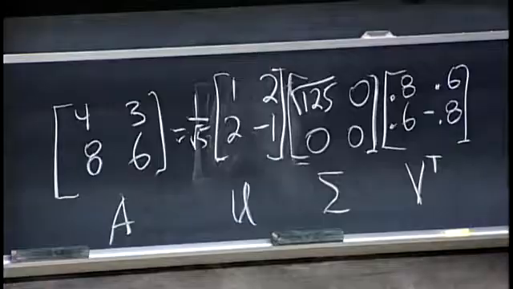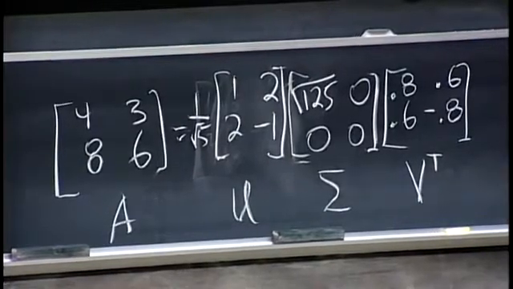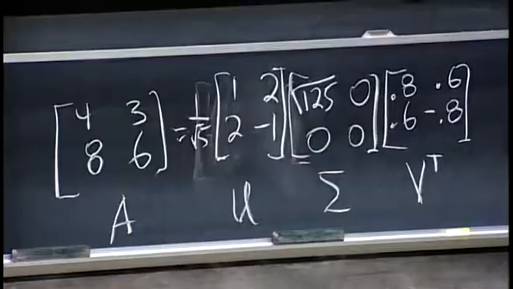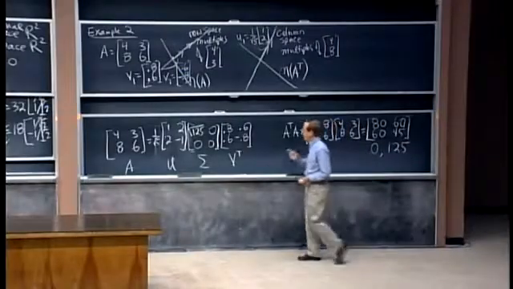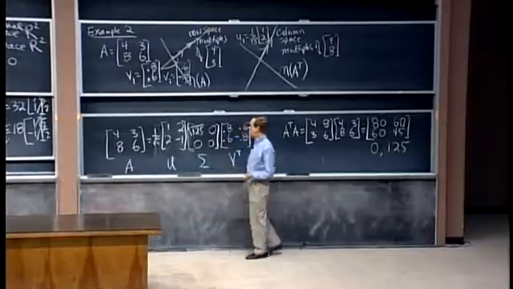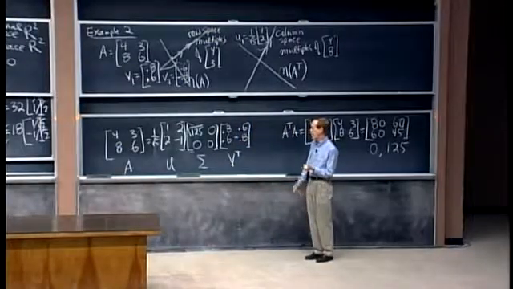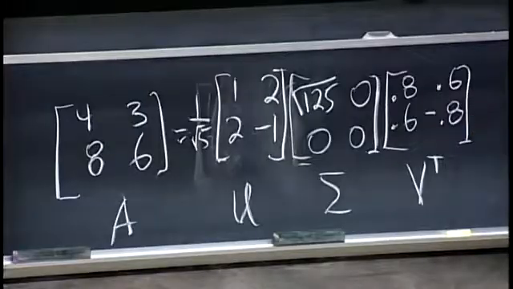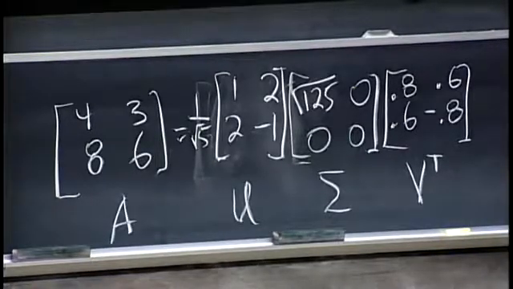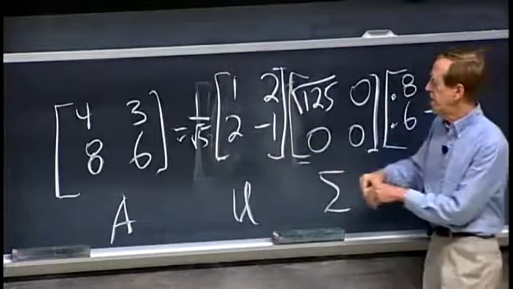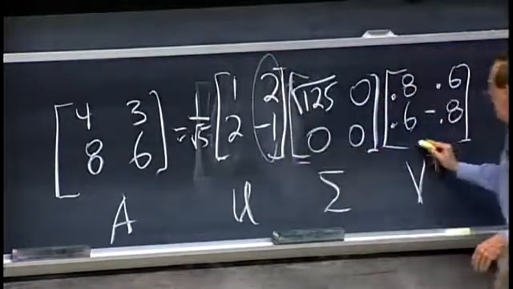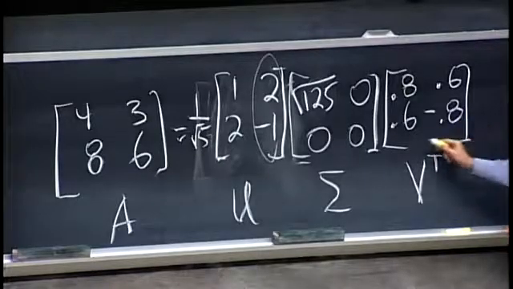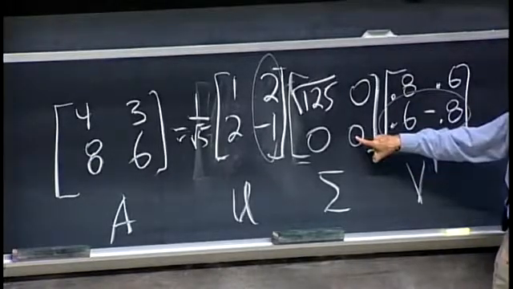And now if I do that multiplication, I pray that it comes out right. The square root of 5 will cancel into that square root of 125 and leave me with the square root of 25, which is 5. And 5 will multiply these numbers, and I'll get whole numbers, and out will come A. That's like a second example showing how the null space guys, this vector and this one, were multiplied by this 0.